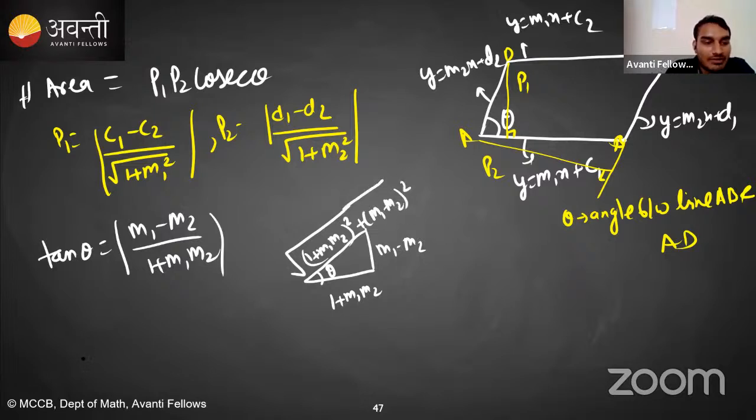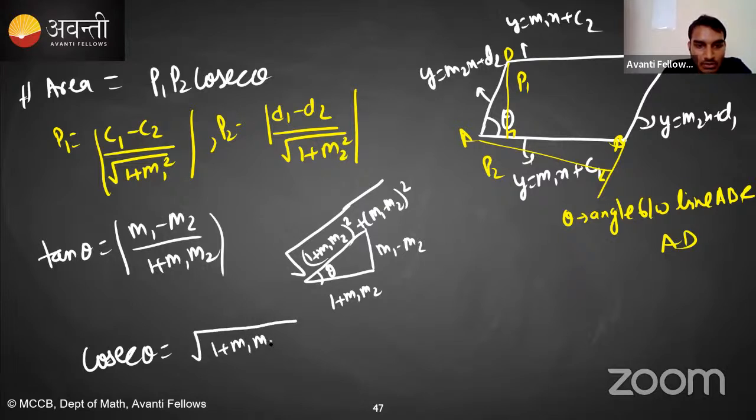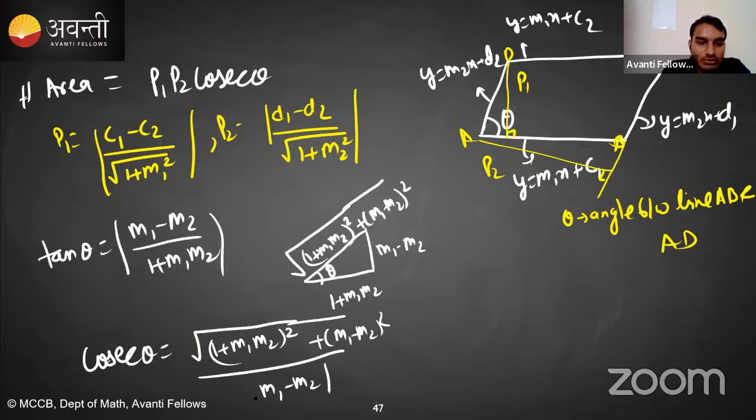Clear? So now if I ask you what is cosec theta? Hypotenuse upon perpendicular, which is under root of (1 + m1 m2) whole square plus (m1 - m2) whole square, upon |m1 - m2|. We have to use the magnitude because we are taking the angle theta acute, so cosec theta will also be a positive value, right? So far clear, students?